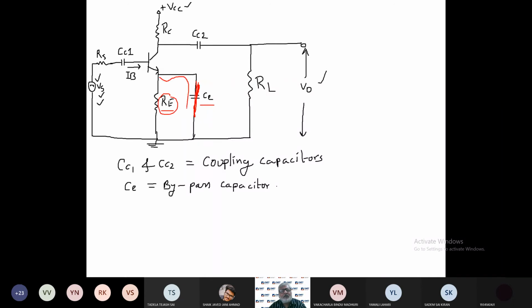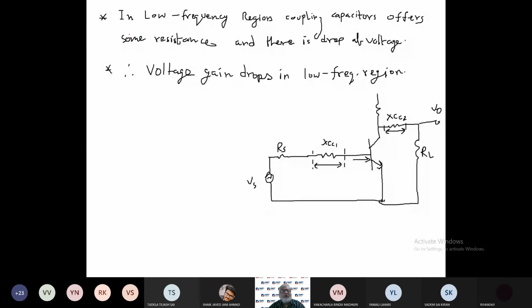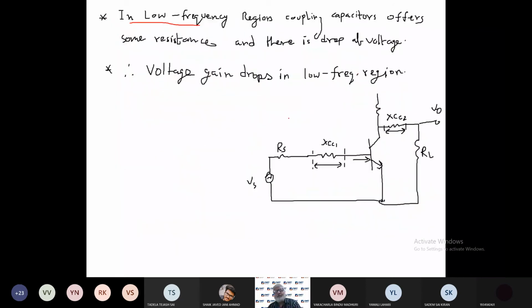So current will flow through the short circuit capacitor. That's why this capacitor is called a bypass capacitor. It will bypass RE. So now you draw this circuit diagram, right? This is your second figure, where you show CC1 short circuit, CC2 short circuit, and here you remove the RE.